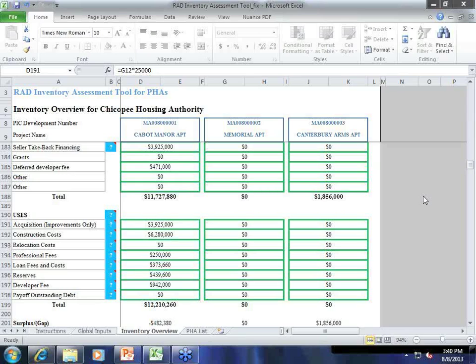Initially we had hoped that the housing finance agencies would provide letters to RAD applicants saying that they thought they were a good candidate for tax credits. So far, we haven't found a single HFA that is willing to do that. So what you really need to do is put together your own scoring sheet that shows how your project would score and submit that to us.